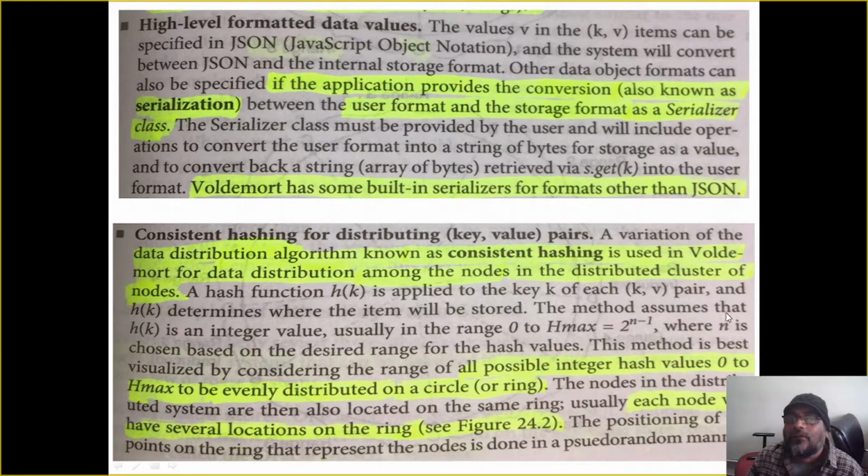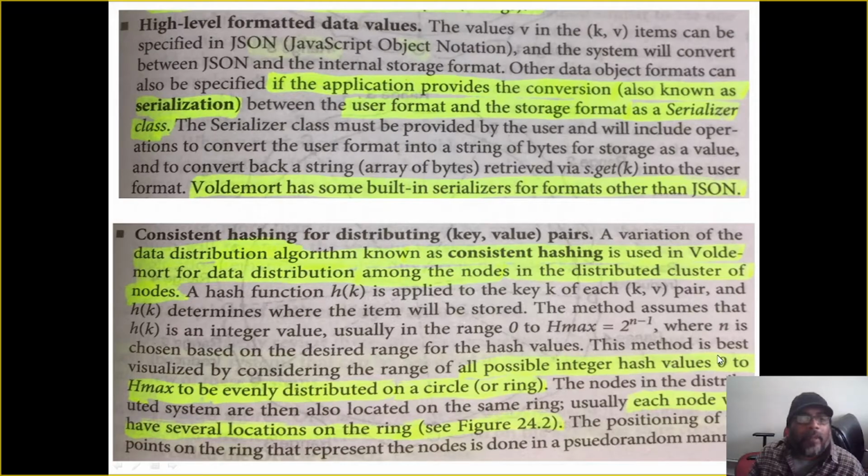The method assumes that h(k) is an integer value, usually in a range of 0 to h max, some value that is a power of 2. So this is the range where we have to generate the value. The value will be generated by the hash function, where n is chosen based on the desired range for the hash values. Okay.